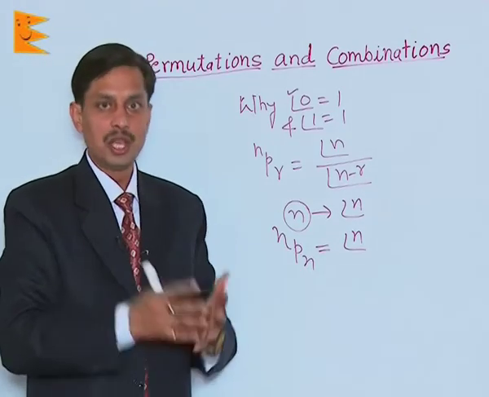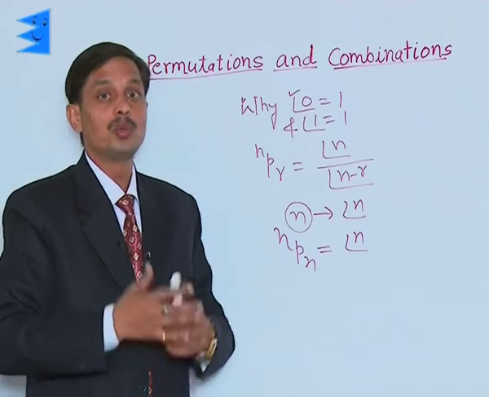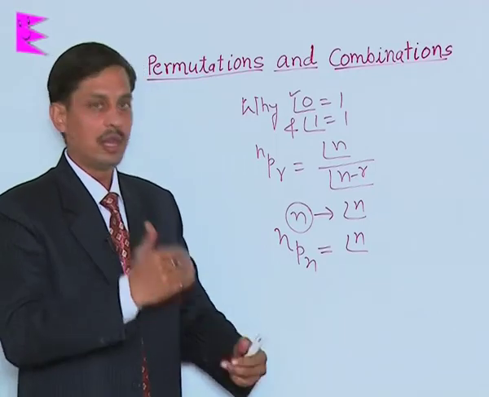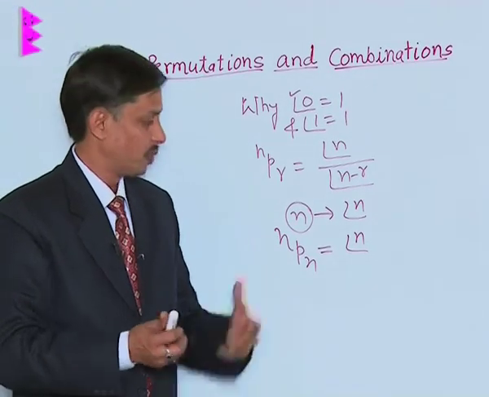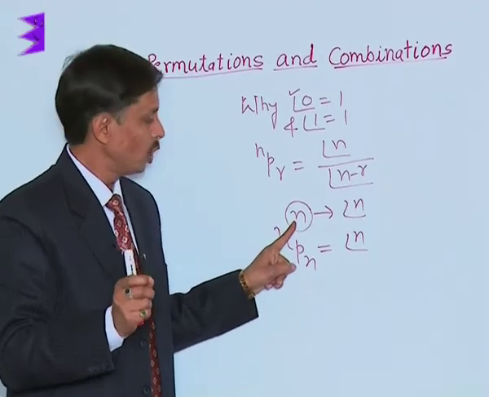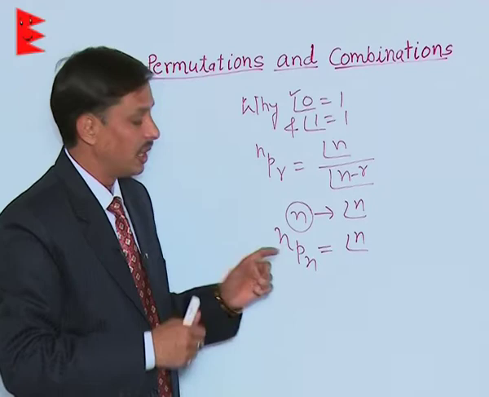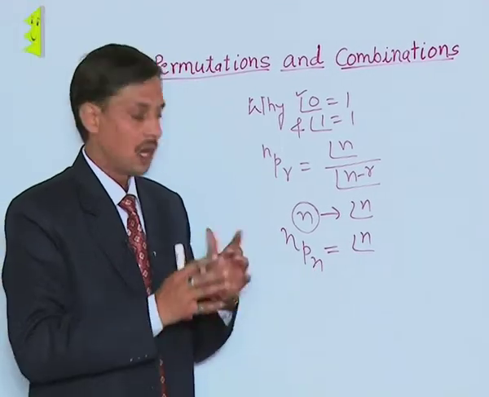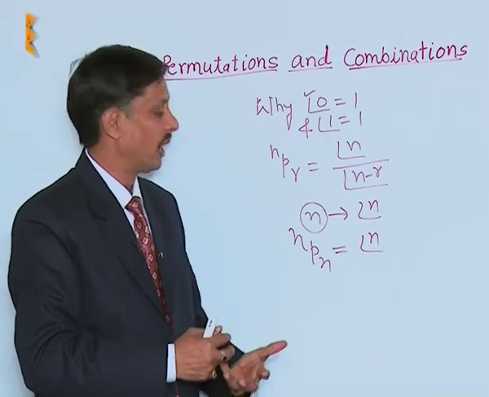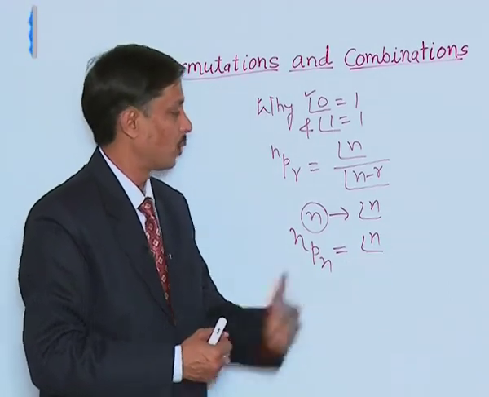Taking 6 out of 6, the answer is factorial 6. Similarly, if you want to arrange 40 students in a line, how many arrangements are there? Factorial 40. The line can start with any one of the students, which was also explained previously. So if n objects are available and we want to arrange them, we have factorial n ways, and nPn means out of n available objects we take all, but in different orders. So this is factorial n.